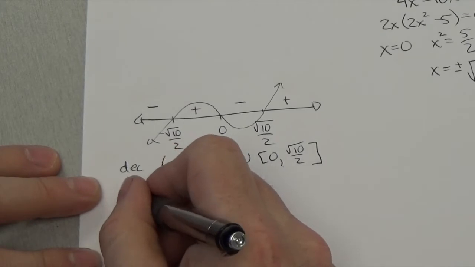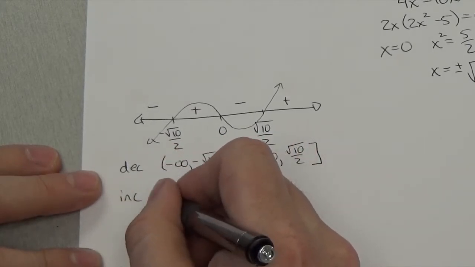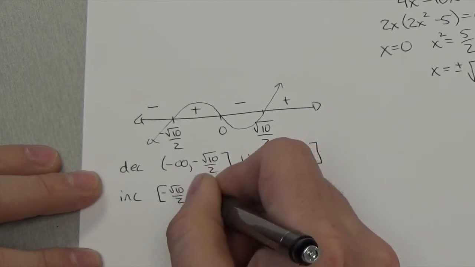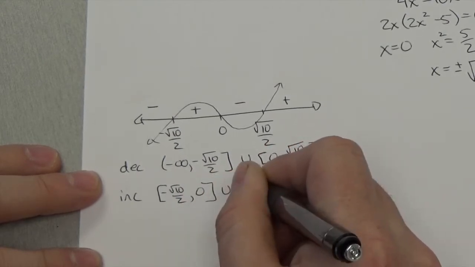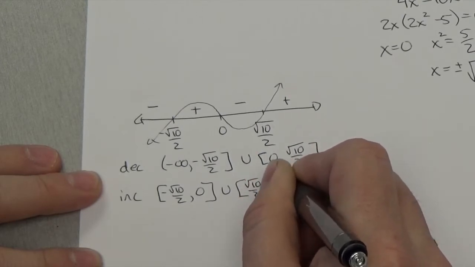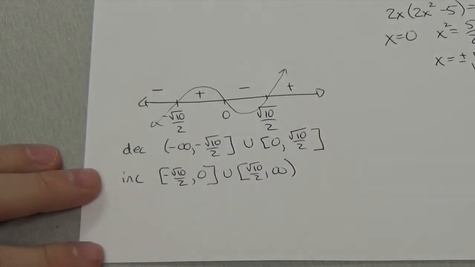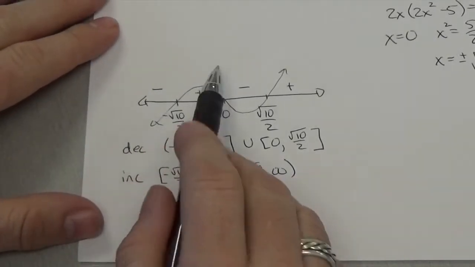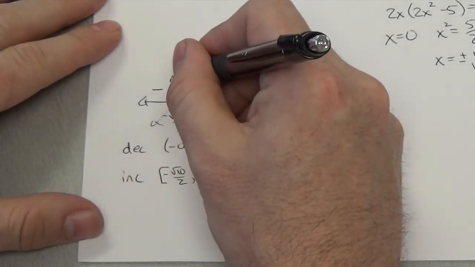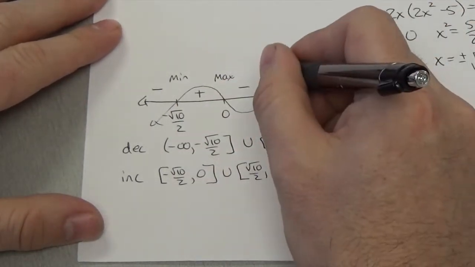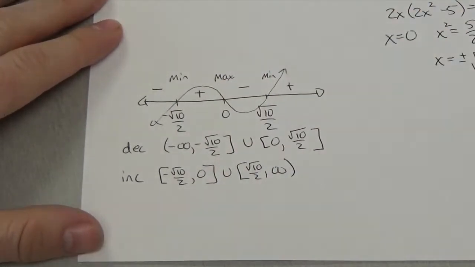And then it's going to be increasing on the interval negative root 10 over 2 to 0, union positive root 10 over 2 out to infinity. And what that tells me, because it's decreasing to here and then increasing afterwards, is that this represents a min, this is going to be a max, and this here is going to be a min.